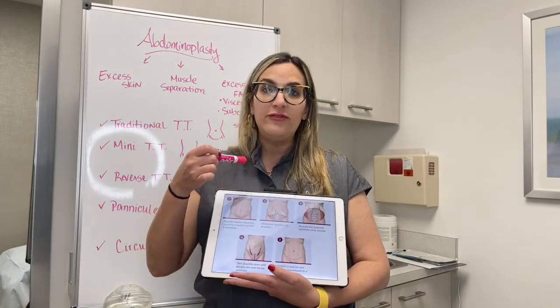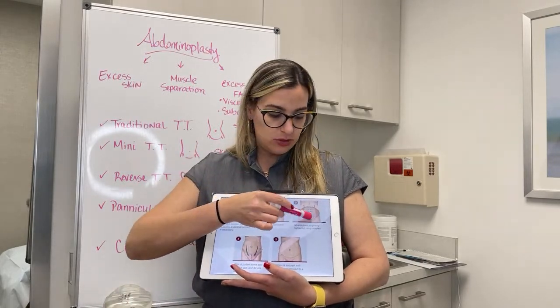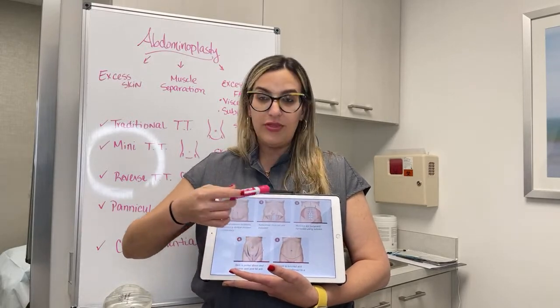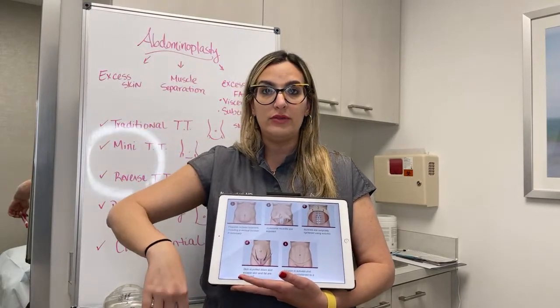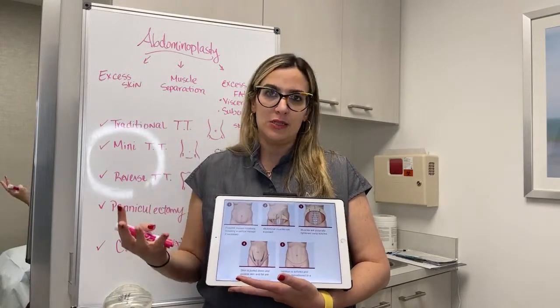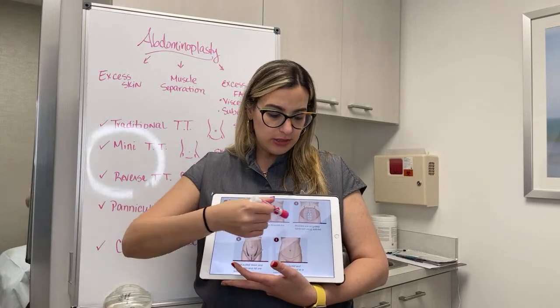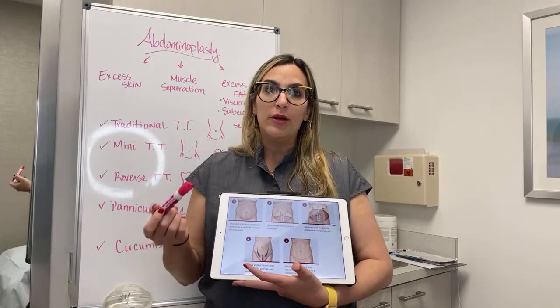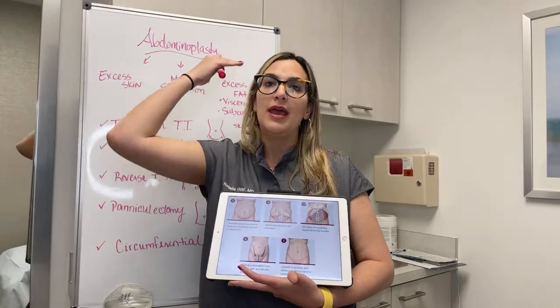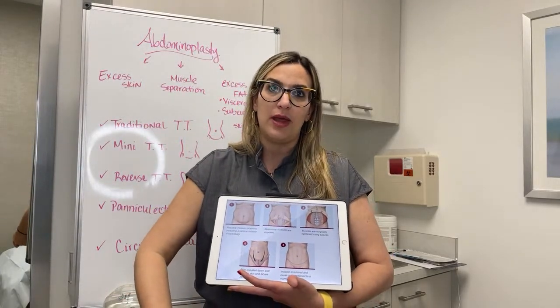When I lift all that skin up like this to do the muscle repair, this skin, now that it's been elevated and brought down, has been cut from its blood supply. The skin blood supply comes from the muscle. But in order to repair the muscle, I have to elevate it like an apron and then put the skin back up, okay?